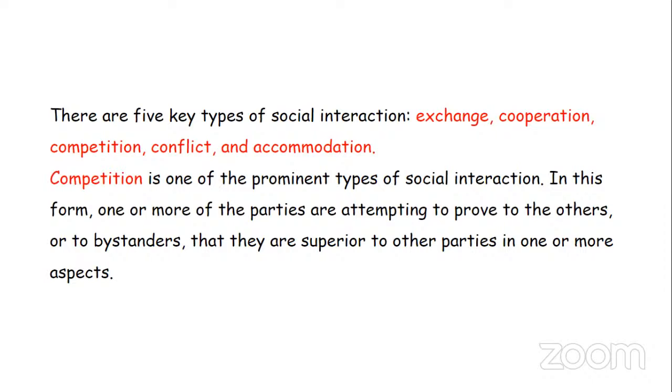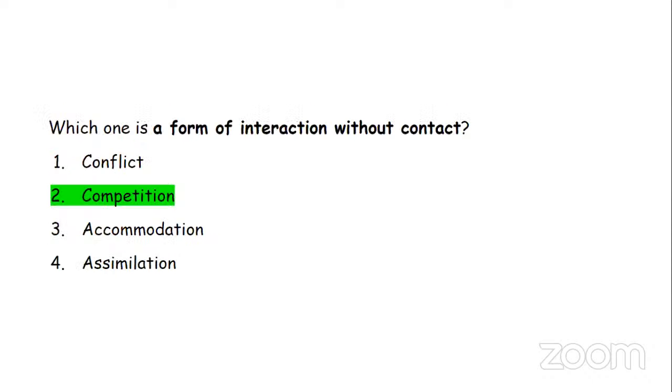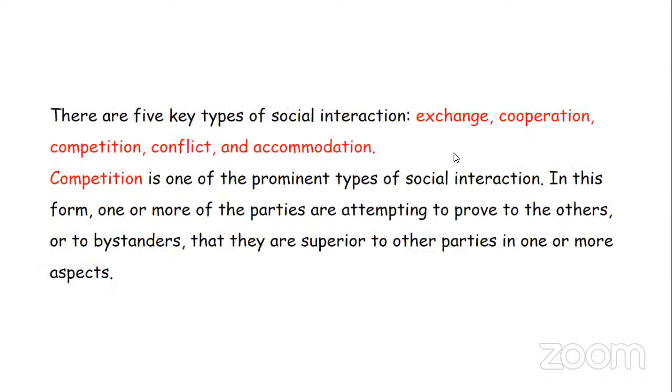Competition is one of the prominent types, and in this form, one or more of the parties attempt to prove to the others or to bystanders that they are superior to the other parties in one or more aspects. That is competition. The major feature of competition is that it is a form of interaction without any contact. Try to remember that, and also try to remember the other types of social interaction.